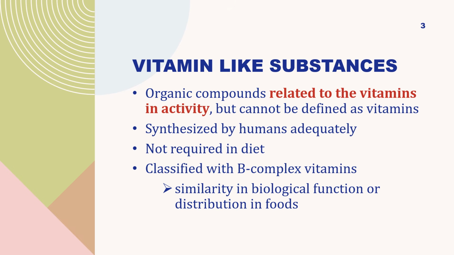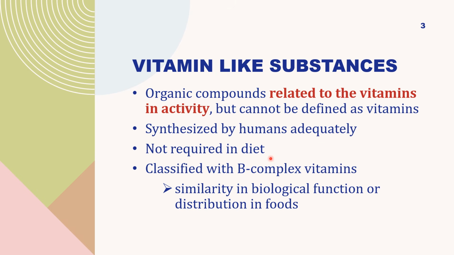So what is a vitamin-like substance? They are basically organic compounds related to the vitamins in activity. In function, they will be related to the vitamins, but we cannot define them as vitamins because mostly these vitamin-like substances will be synthesized by humans adequately.